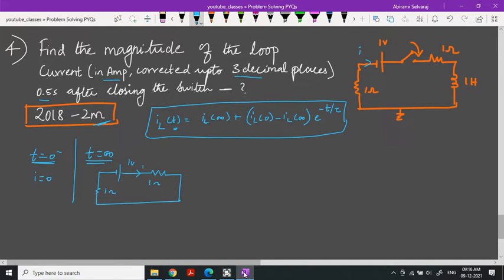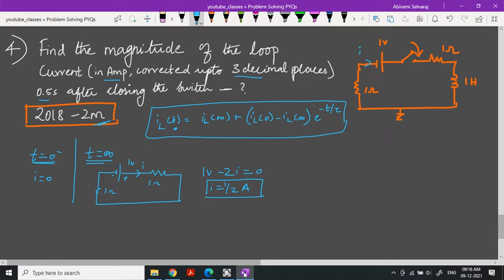What will be the current here? Writing the loop equation: 1 volt minus 2 times i equals 0. So i equals 1 by 2 amperes, that is 0.5 amperes. This is the final state value of i.